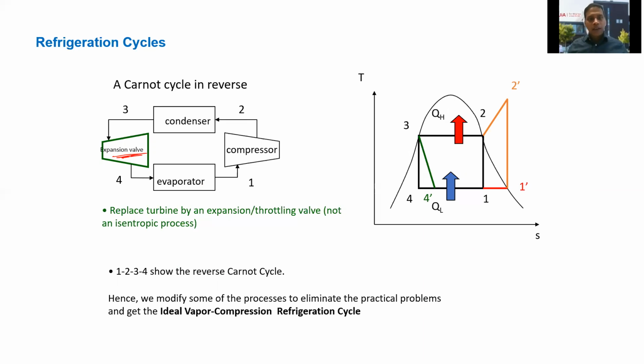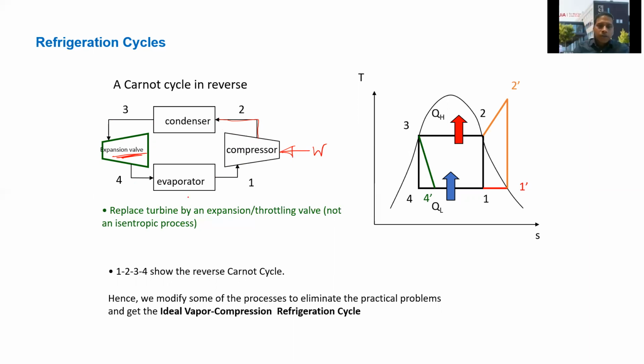The working principle is that first the refrigerant comes to the compressor, where you provide some electric input, W. The refrigerant goes from here to there, and then there to here to there. So this is a continuous closed loop cycle, a Carnot cycle in reverse.